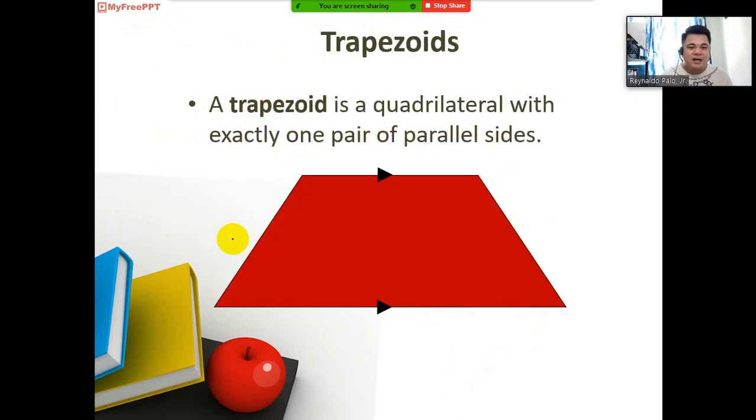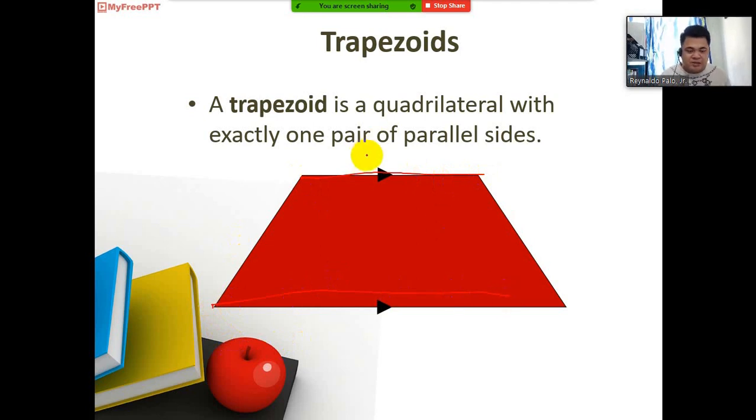Thank you. Now, let's talk about trapezoids. So what are trapezoids? A trapezoid is also a type of quadrilateral, with exactly one pair of parallel sides. Unlike a parallelogram, which has two pairs of parallel sides, in this case it only has one pair of parallel sides, just like what you are seeing.